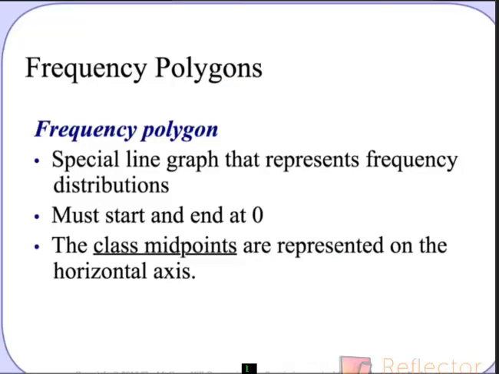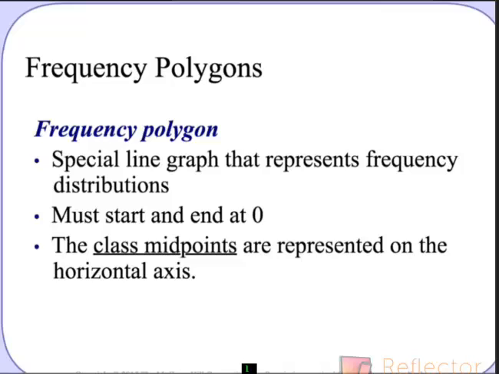Another way to represent our data is with a frequency polygon. A frequency polygon is a special line graph used again to represent the frequency distributions. It must start and end at 0.